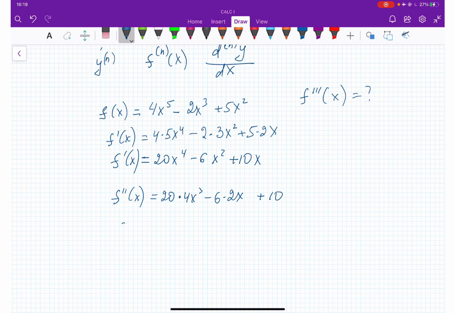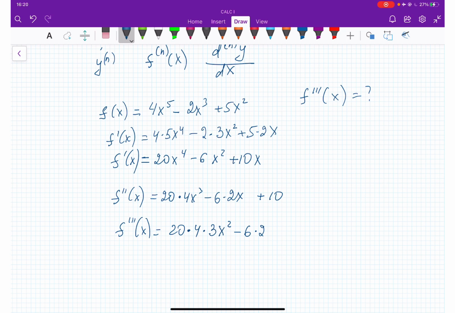And the third derivative from here is going to be equal to 20 times 4, I didn't multiply, it doesn't matter, I'll do it now, might as well write it all together, 3x squared minus 6 times 2. And x is going to be gone because it's degree 1.